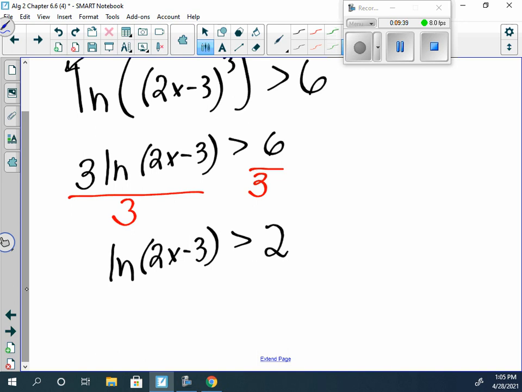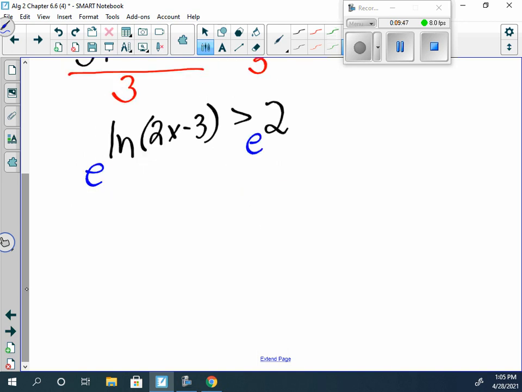Now what can we do next? Put e to both sides. Because e to the ln will simplify out, leaving us with 2x minus 3 is greater than e squared.